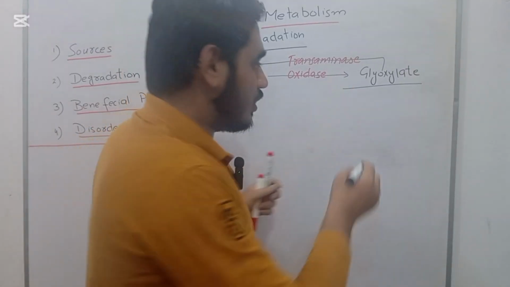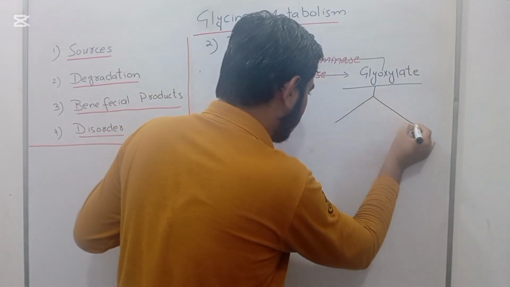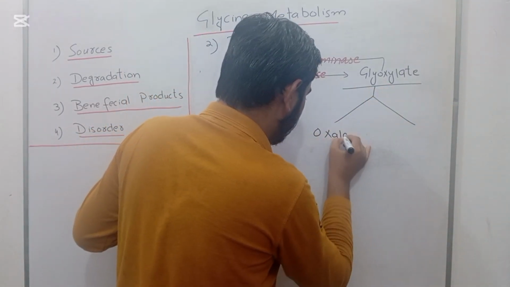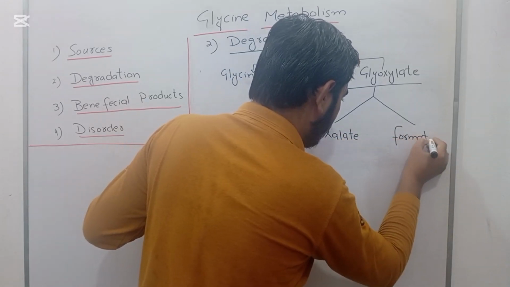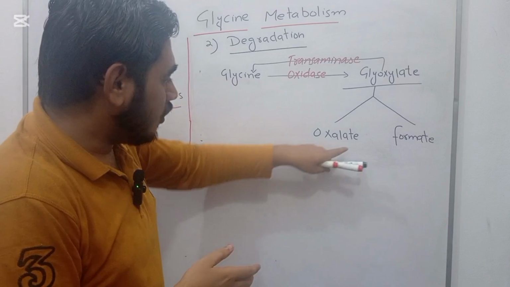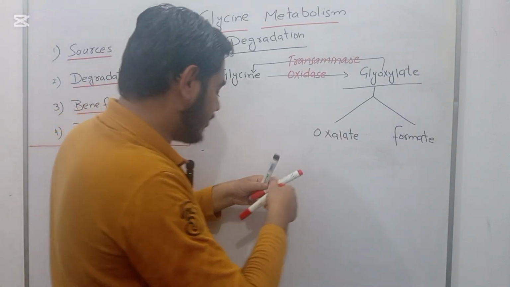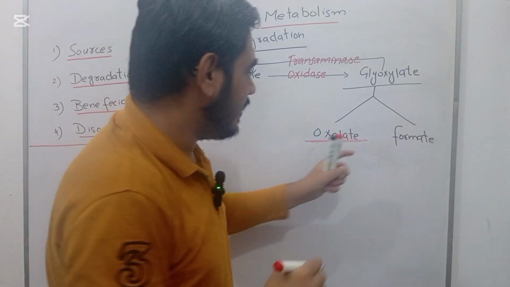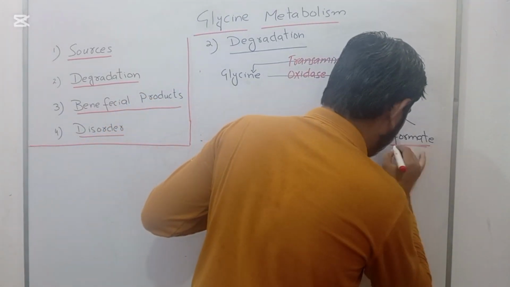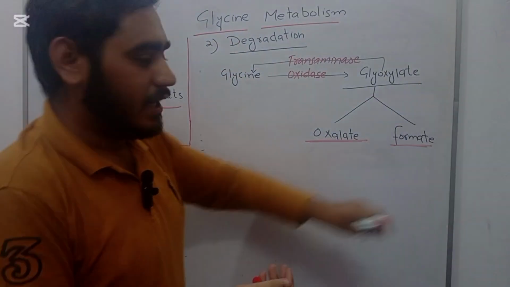it also breaks down into oxalate and formate. This oxalate gets excreted through our kidney, through urine, and this formate is very important in one carbon metabolism.